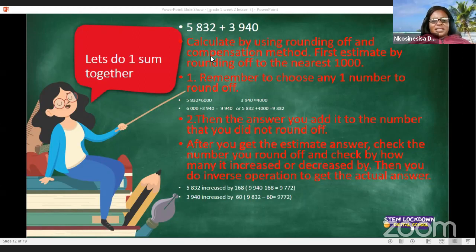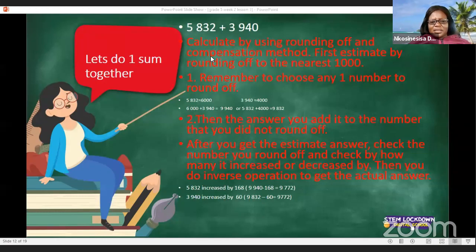All right, I see Riafana, yes. Well done, Torisho. It seems like most of you rounded off the first number, which is fine. So you have 6,000 plus 3,940.